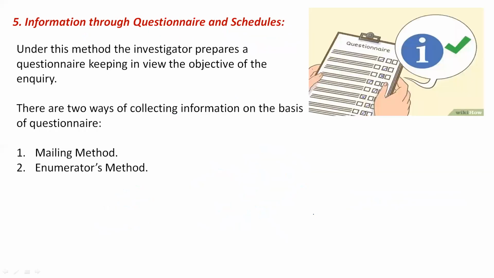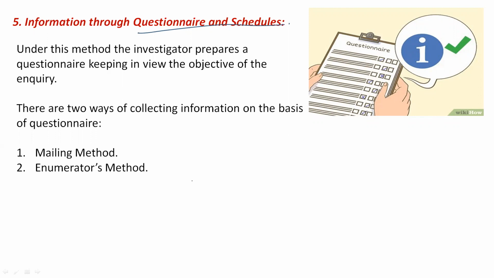Then the fifth and most important method that we have is information through questionnaires and schedules. Basically a questionnaire is a list of questions prepared about the topic for which we need to collect information.